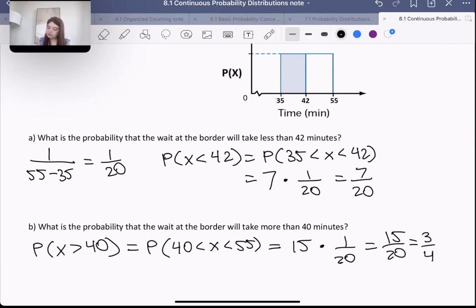Also notice that corresponds with the area under our curve, right? We would have this area here, and this is going to be 3/4 of the total area. Or with the other one, it would be 7/20ths of that area, because each minute is equally likely. So it's not about being exactly 35 minutes, 36, 37, 38, and so on.